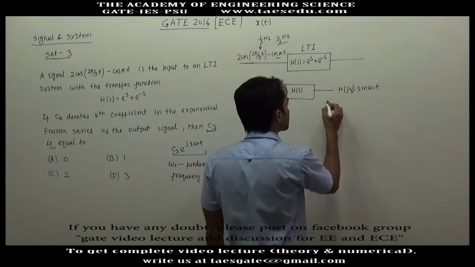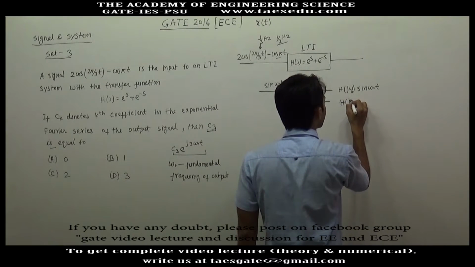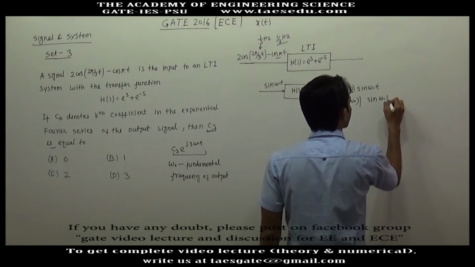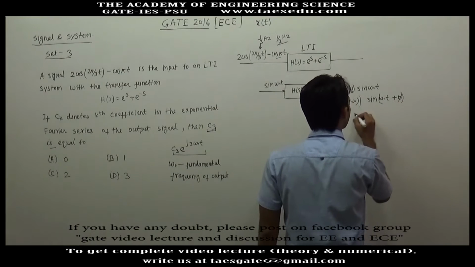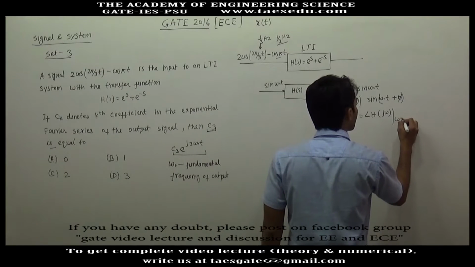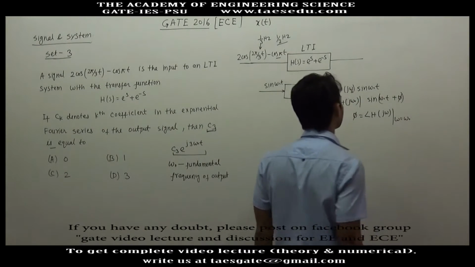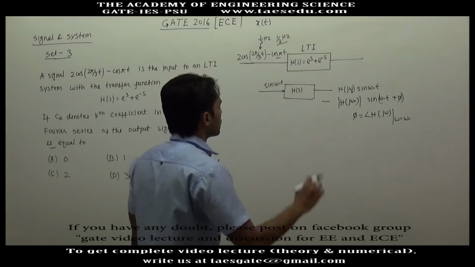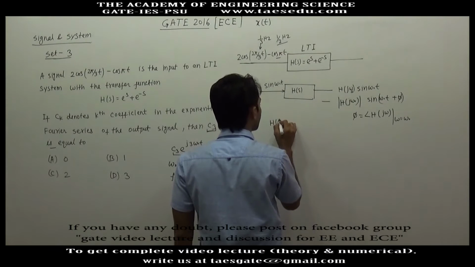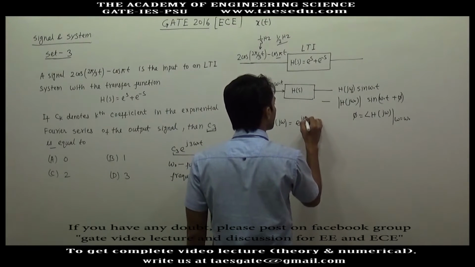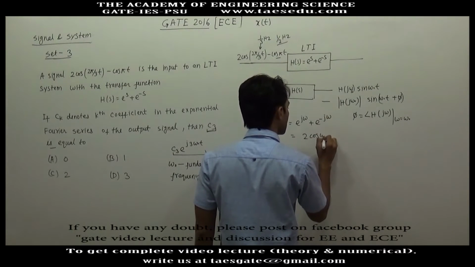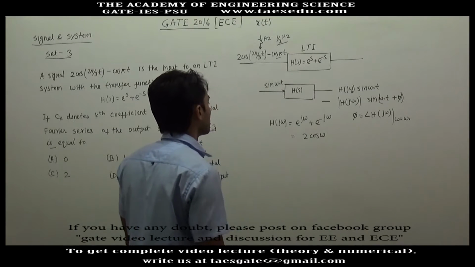This output can also be written as modulus of H(j omega naught) sin(omega naught t plus phi), where phi is the angle of H(j omega) at omega equal to omega naught. So let us first find out H(j omega). H(j omega) will be e to the power j omega plus e to the power minus j omega, and this will give you 2 cos omega.